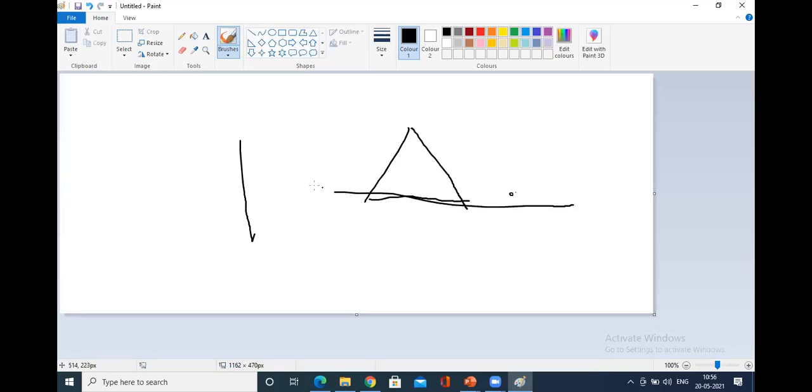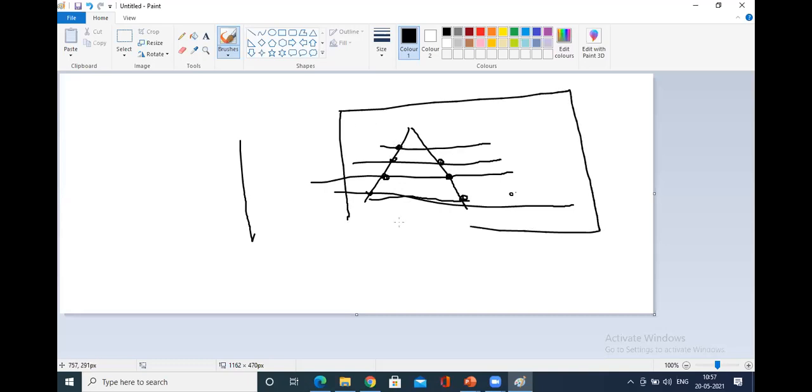So you have scan line 1, scan line 2, scan line 3, scan line 4. Identify these vertices, that is the intersection at the edges, this edge, this edge. Imagine that there are 100 scan lines that pass through this complete area, from the left edge to the right. Once you identify this, you store it in an array and go on filling. In this way it fills the complete triangle.